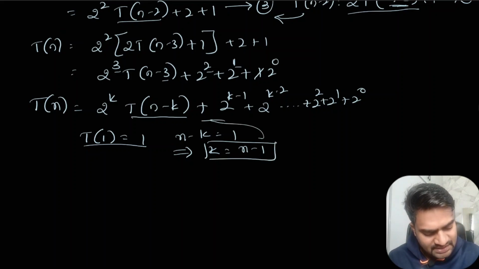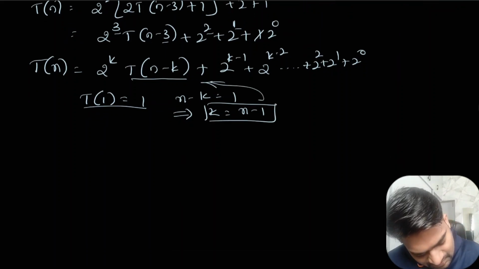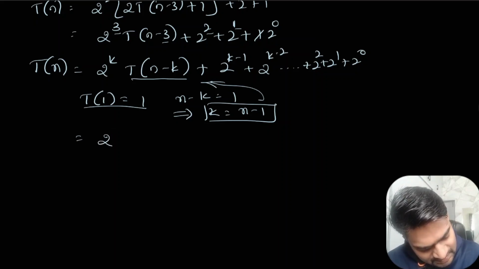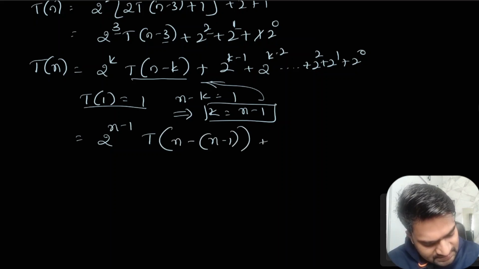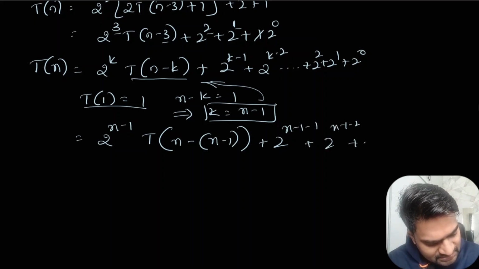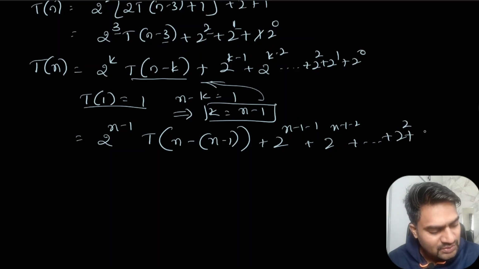Now let's substitute that k value here. So then what happens? 2 to the power k will be 2 to the power n minus 1, T of n minus k will be T of n minus, n minus 1, plus 2 to the power k minus 1, where k is n minus 1, so it becomes n minus 1 minus 1, plus 2 to the power n minus 1 minus 2 and so on till 2 to the power 2, 2 to the power 1, 2 to the power 0.